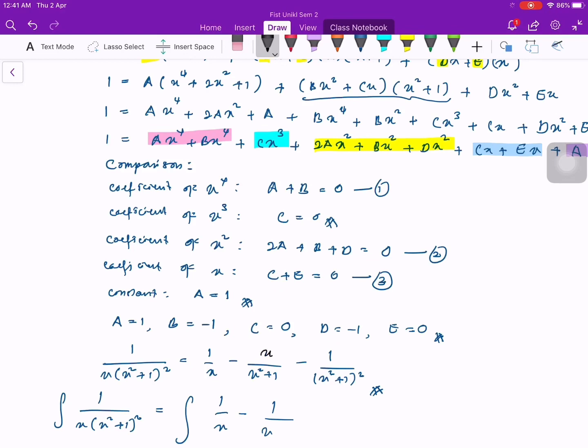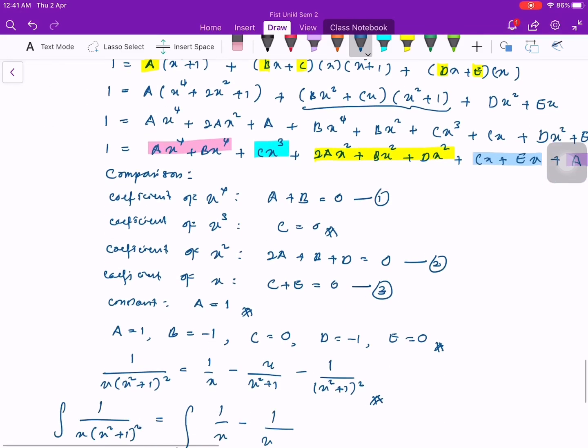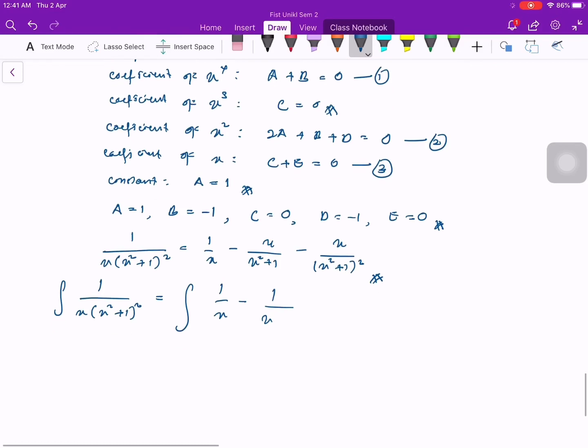So this is x, and this is also x, and here also is x. So x over x squared plus 1 minus with x over x squared plus 1 to the power of 2 dx.